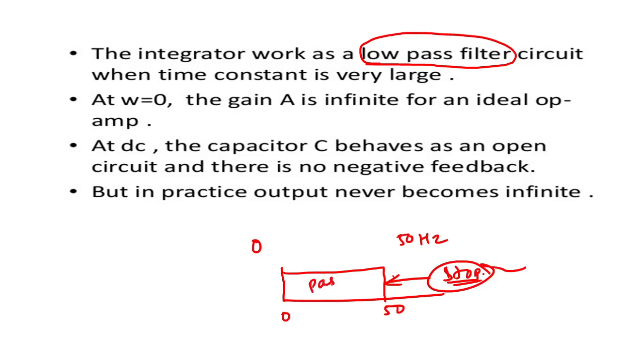So this is my pass band, and this is nothing but my stop band. Here the signal will get attenuated. The signal is passed between 0 to 50 hertz itself, and above 50 hertz is my stop band. So this kind of circuit is called a low pass filter.